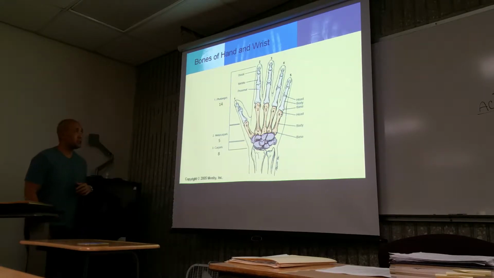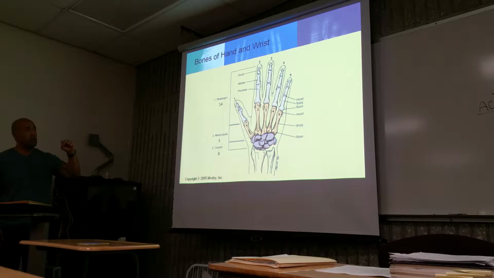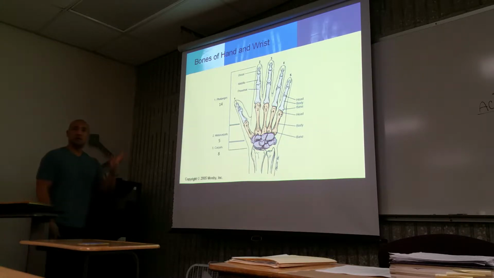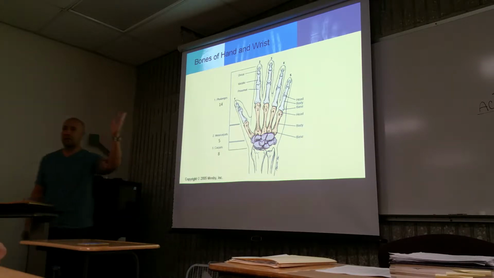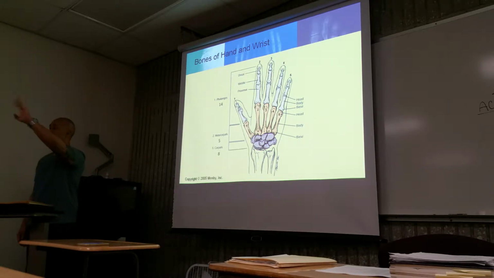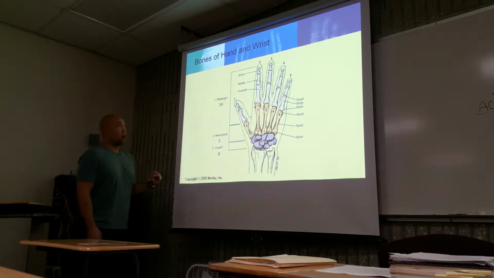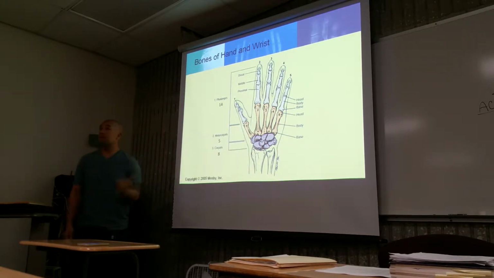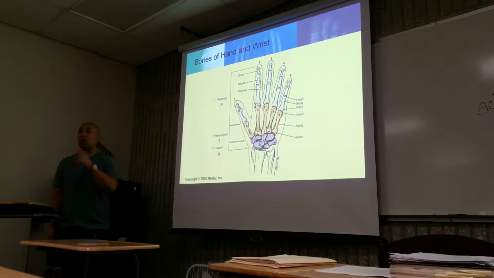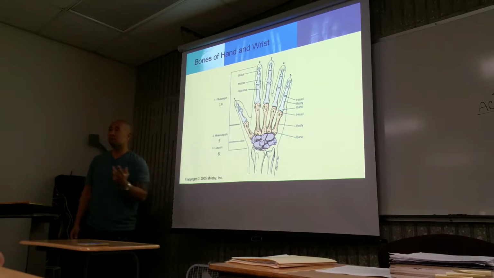So with the hands, we have 14 phalanges. The phalanges applies to, what's the common term for phalanges? Your fingers, okay? Now, the fingers are broken up into the phalanxes. You have the distal phalanx, a middle phalanx, and a proximal phalanx.